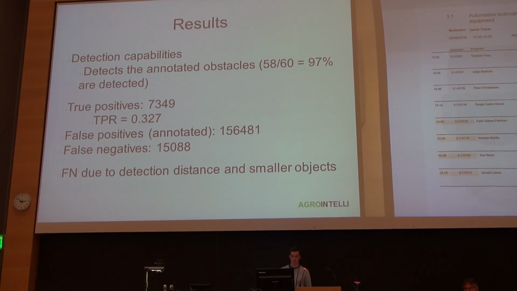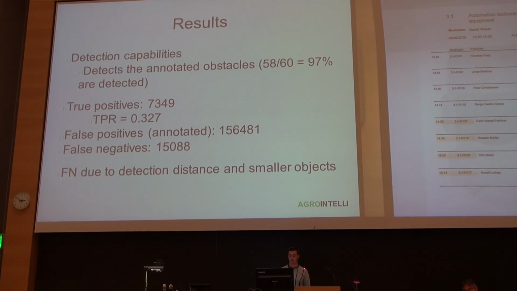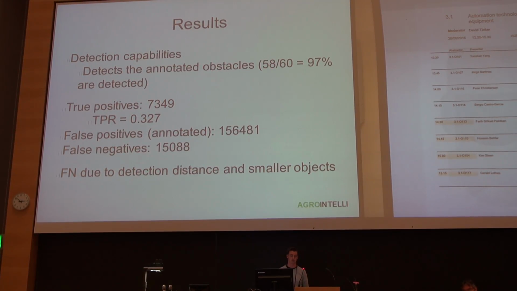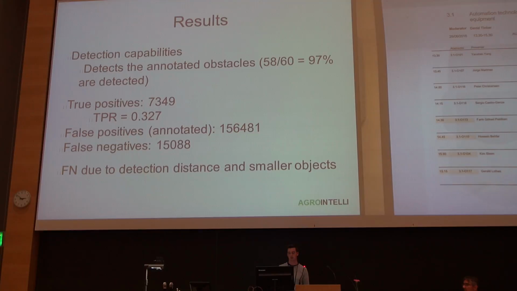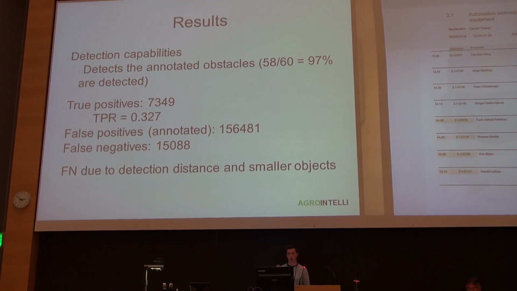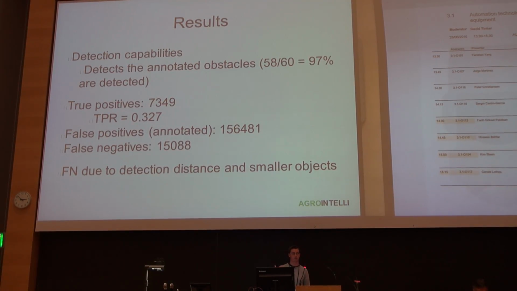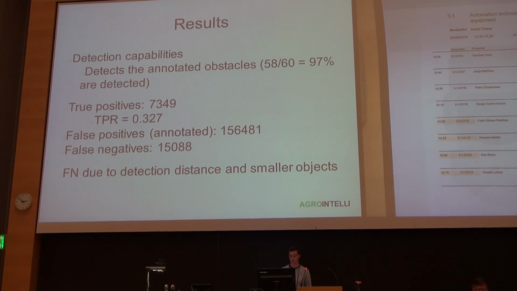Out of all annotations in the image, we detect about 32%, 33% of the instances, meaning that in some frames we're not able to detect the obstacle, but while we're driving towards it, in some of the frames we are detecting the obstacle.